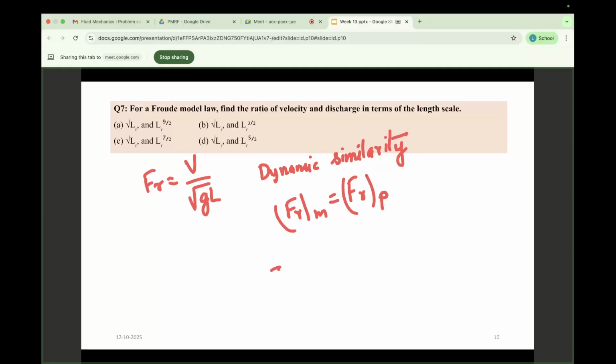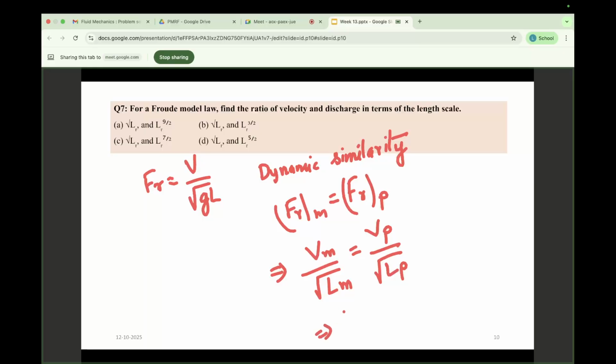So that basically is V by root of gL. G is constant. If I ignore G, because that will be cancelled out from both sides, that's why I haven't written G, the gravity term. Is it clear why I haven't written G? Because that will be getting cancelled out.